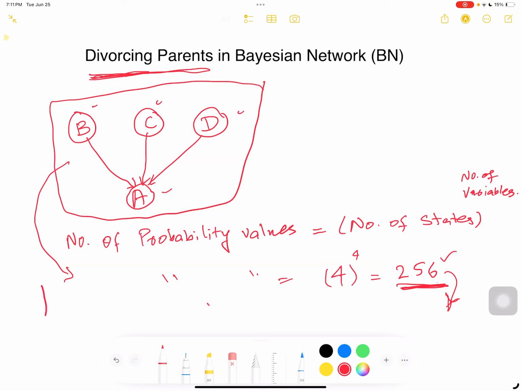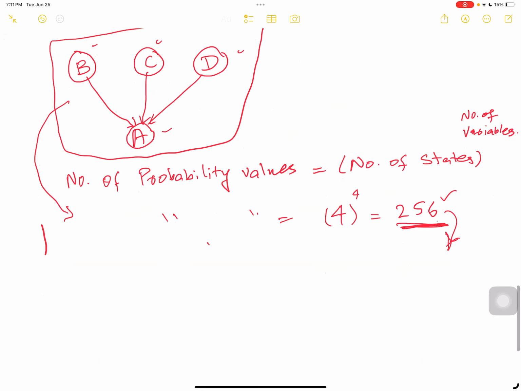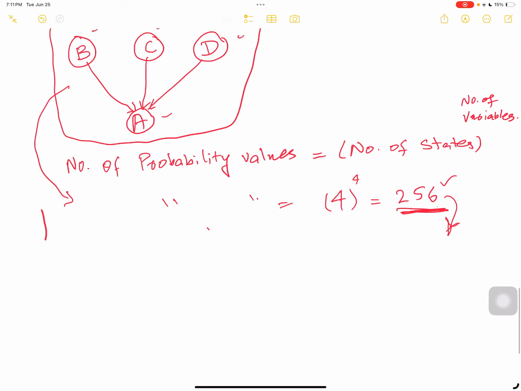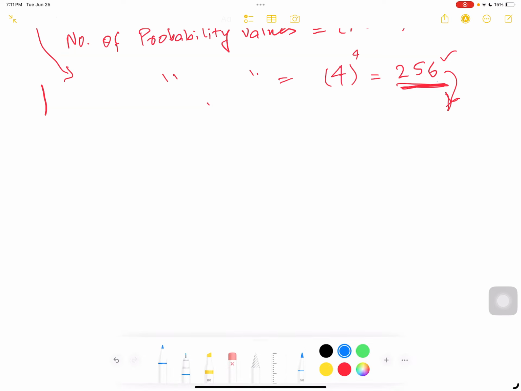Let me redraw this network and then I will explain the method again. So this is my B, this is my C, this is my D, and all of them are connected to A. I just took this network as an example. Your Bayesian network will be different from this, of course, but the method and concept will remain the same.